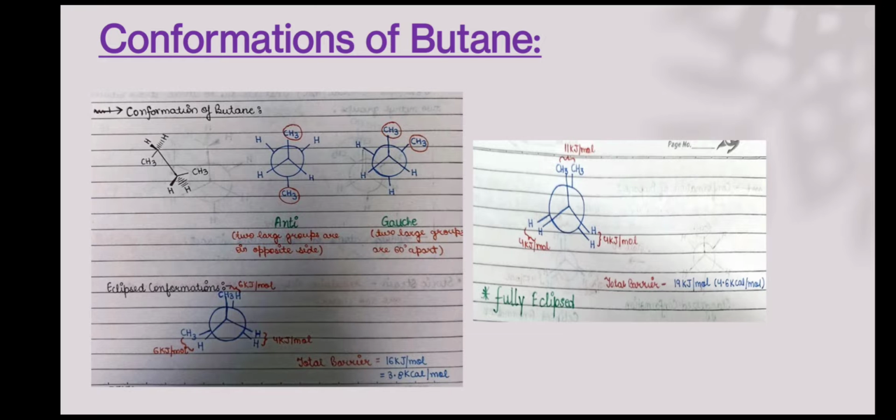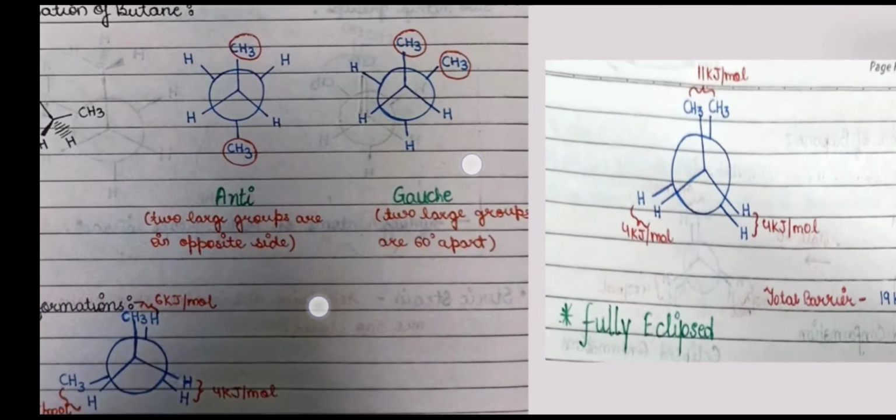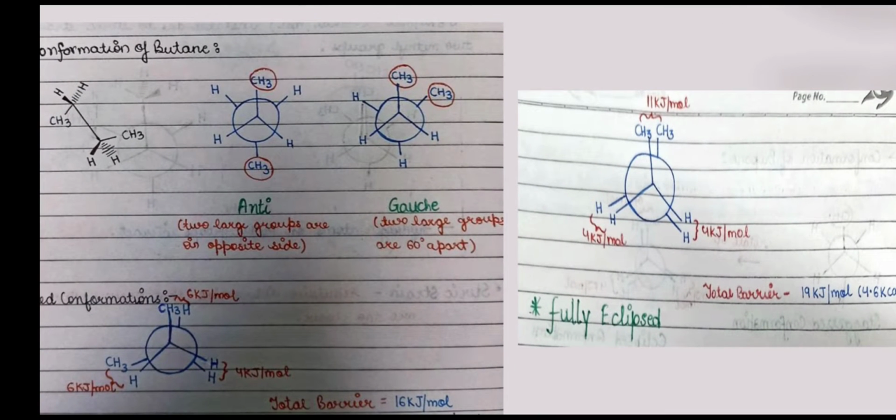Next one is the eclipsed conformation. Here, one H atom is covering the CH3 group, and the same is the case with the front carbon. We can clearly see that the energy barrier between CH3 and H with the back carbon is 6 kilojoule per mole, while the case is different when it comes to two H atoms.